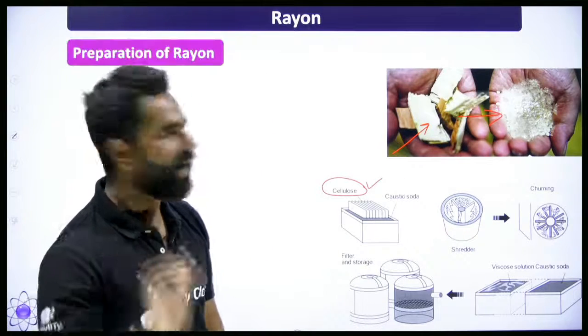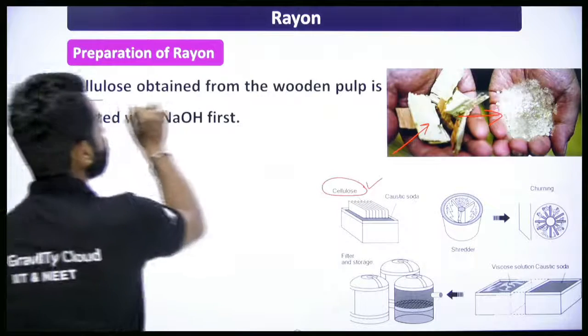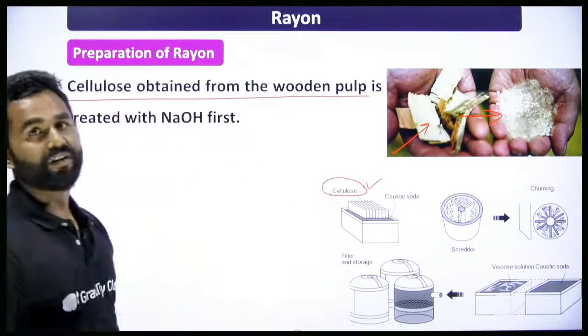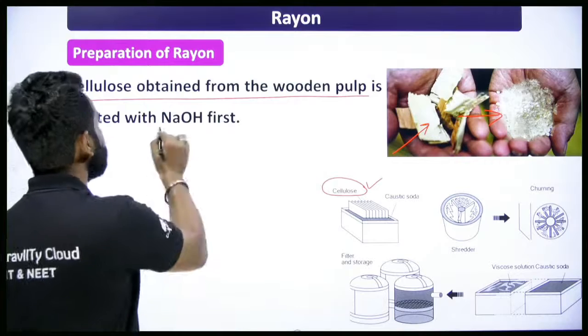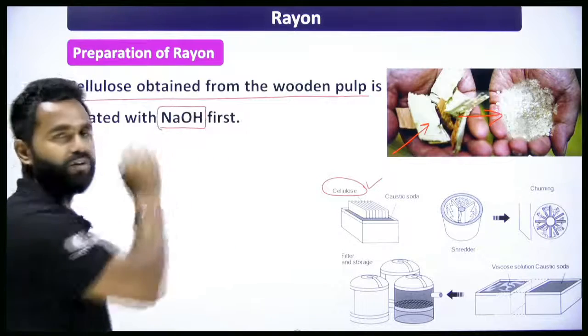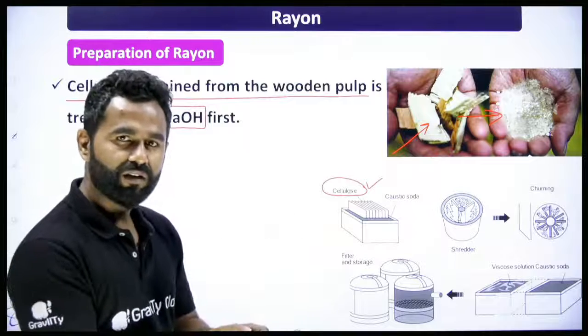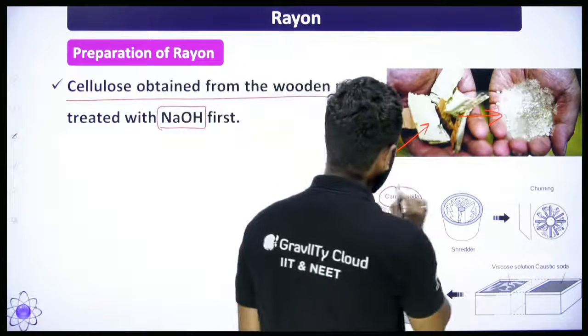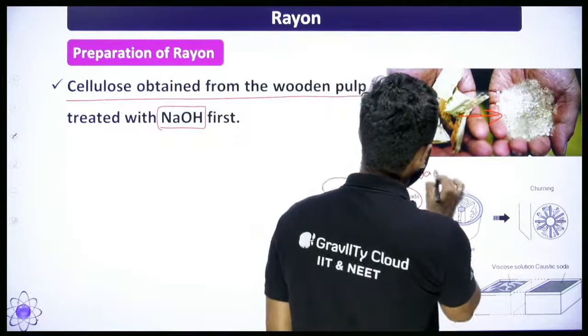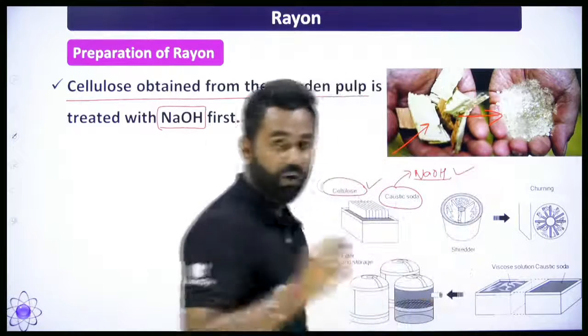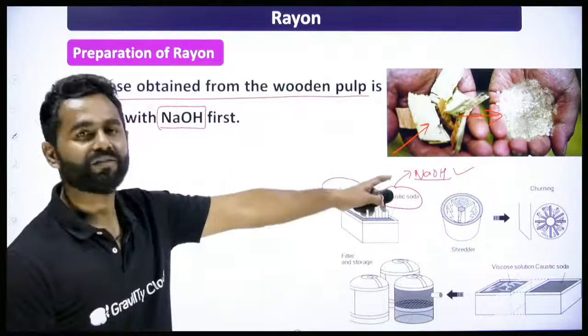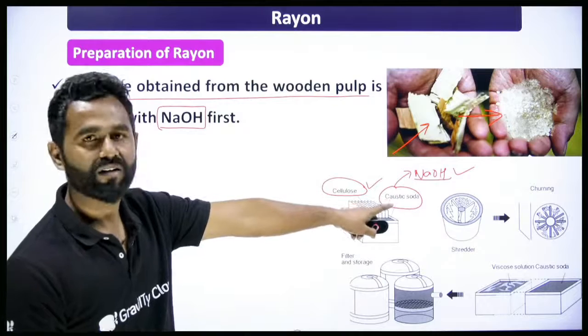Simple. Now what we will do, the cellulose obtained from the wooden pulp is treated with sodium hydroxide solution. So I will take the caustic soda. Caustic soda means sodium hydroxide, or we can say sodium hydroxide is also called caustic soda.